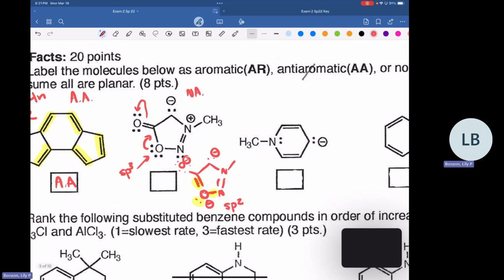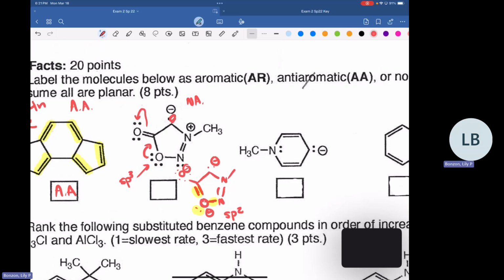All right. We also have this carbanion up here at the top that we need to look at. So we could push this carbanion towards that oxygen. And in this resonance structure, all right, so that'd be our new resonance structure.